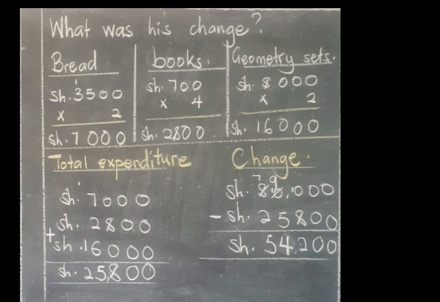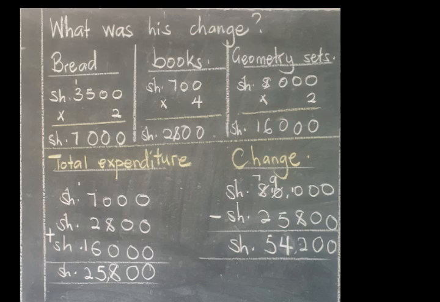Remember, when you're adding, we put the plus sign as the operation sign, and don't forget to put the unit. In this instance, we are using shillings because we are dealing with money. When we add the amounts for those 3 items, we end up with 25,800 shillings.